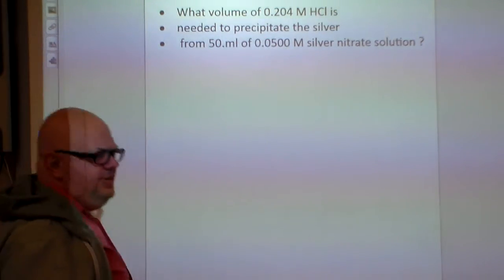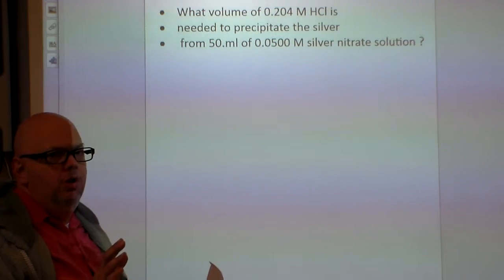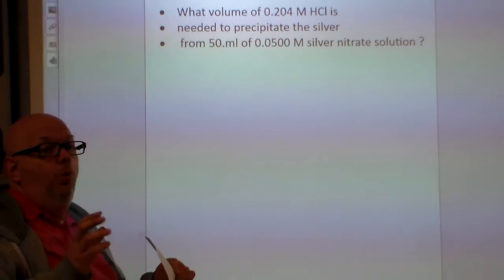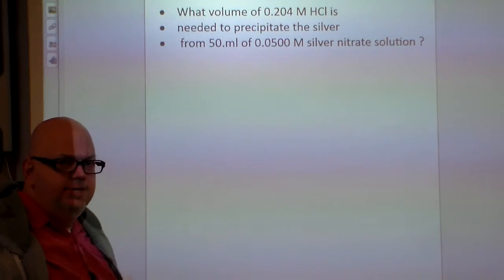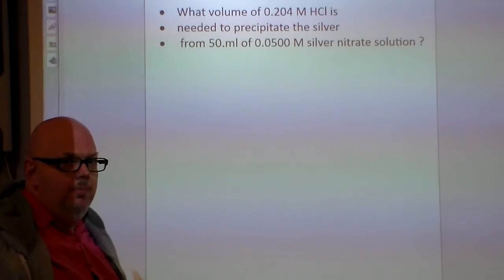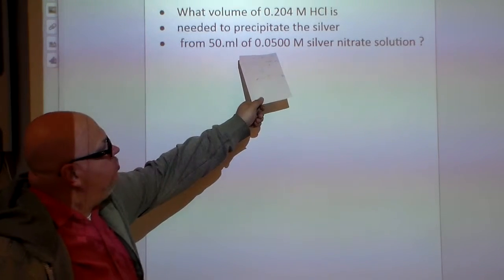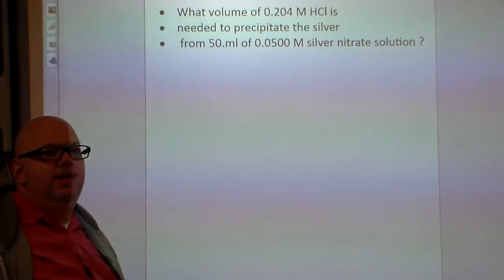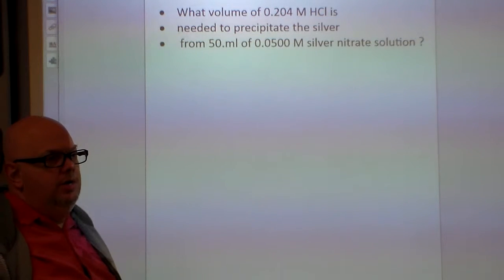We have to add acid in order to split the silver from the silver nitrate. The silver will connect with the chlorine ion from the HCl acid and settle to the bottom. The question comes down to: given this concentration of silver nitrate and this concentration of acid, how much acid are we going to need to do this?